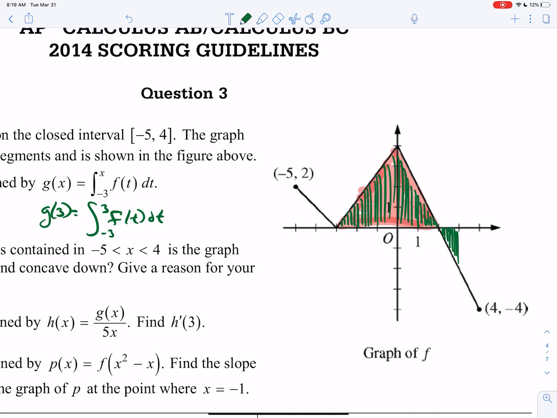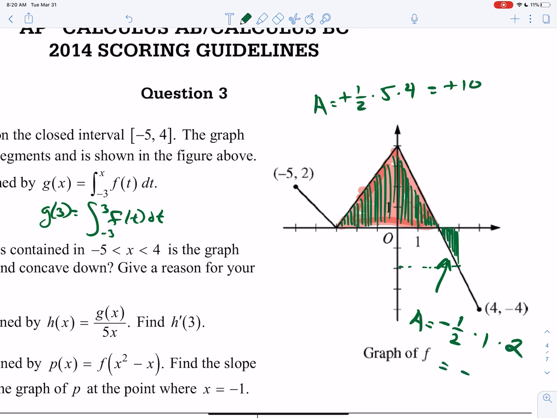So basically the area of that triangle is just a positive 1/2 times the base, which in this case is 5, and the height, which is 4. That should come out to positive 10. Now this triangle down here, since it's below the x-axis, we know it's going to be negative 1/2 times 1 times, that looks like 2.